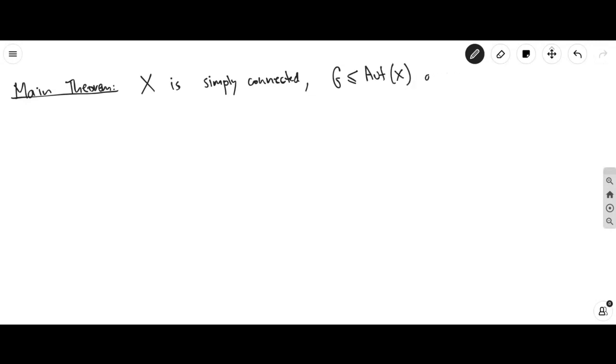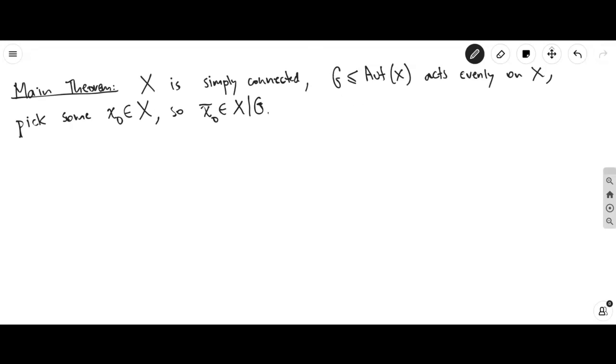This is a group of automorphisms that acts evenly on X. And let's pick some x0 in X. And so if you look at its mod class, that's going to be something in the quotient.